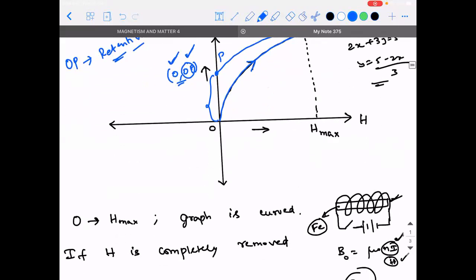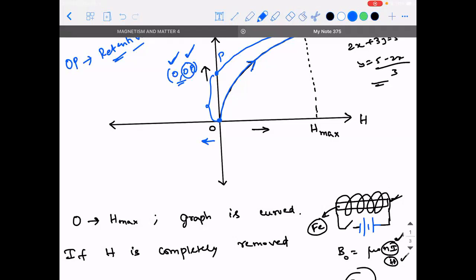Okay. Now what I'm going to do is, I'm going to reverse the direction of H by changing the polarities. Initially, when I went from O to A, the material had zero magnetic induction in it.